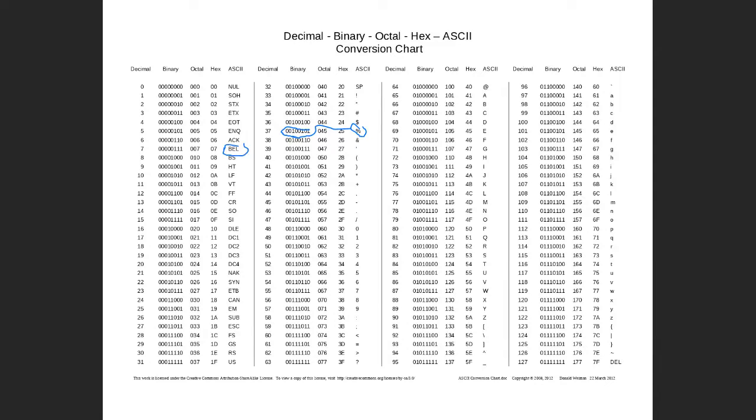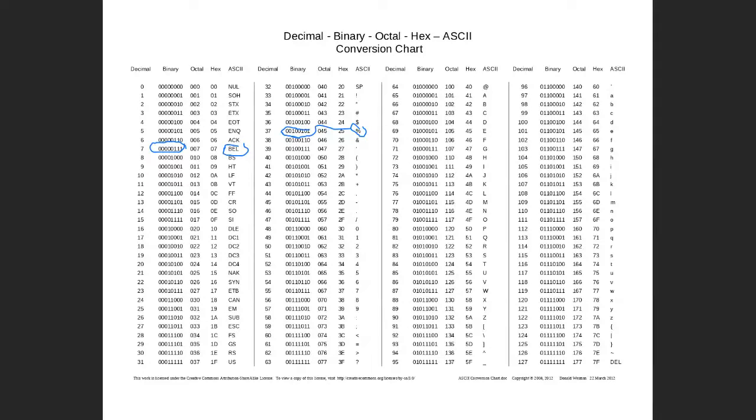That's the ding sound you hear when you hit a key, maybe an error key, or the little beep out of your computer. Well, that actually has a binary code. It's a non-printable character, but it has a binary code.